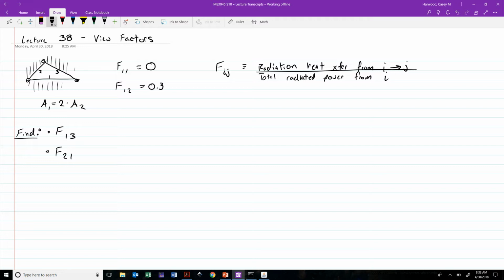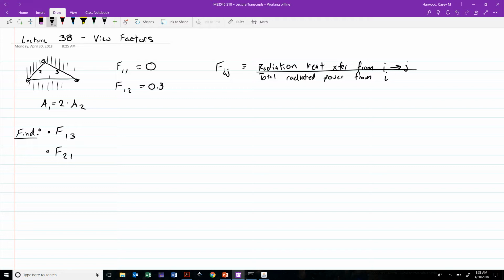So for this first bullet point, we're looking for F13. The idea is from surface 1, if we know that 0% of its radiated power hits itself and 30% of its radiated power hits surface 2, then the rest of that radiated power has nowhere to go but to surface 3.